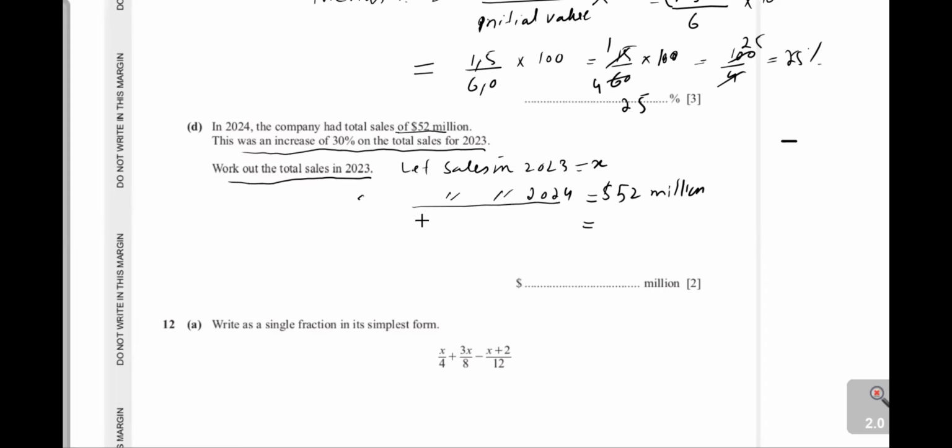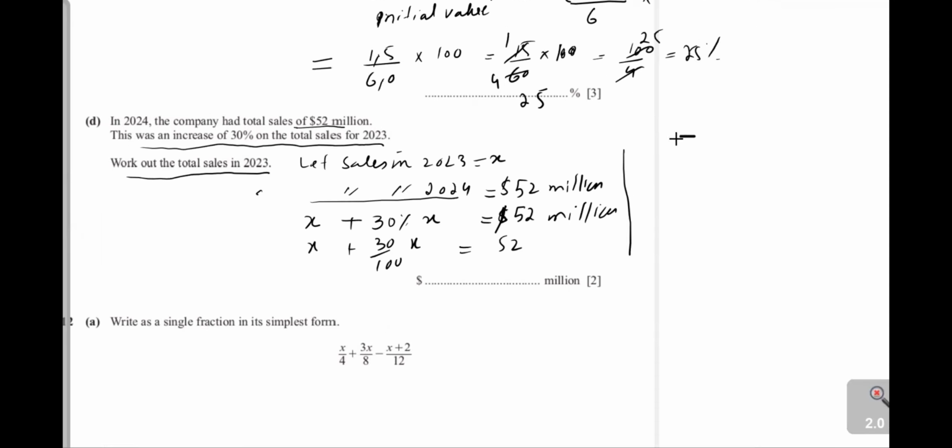Therefore, we can write the sale in 2023 is X and 30% increase is 30% of X, so X plus 30 over 100 X equal to 52 million. 30 over 100 is 0.3, so X plus 0.3X equal to 52. We can write this 1.3X equal to 52, and X equal to 52 over 1.3.